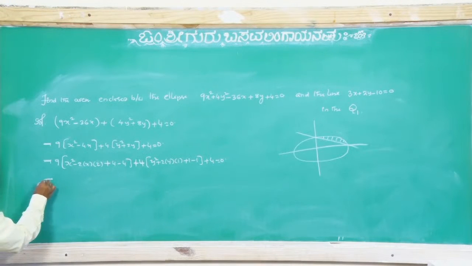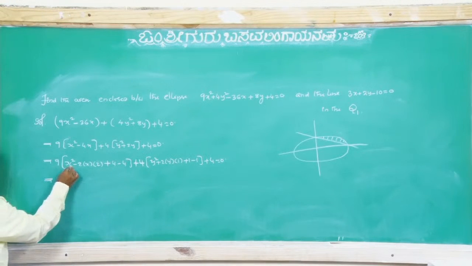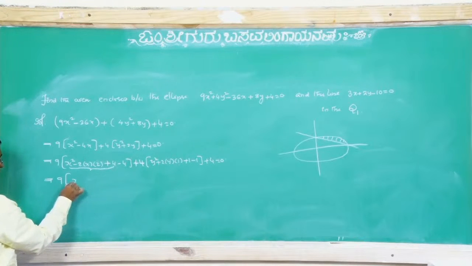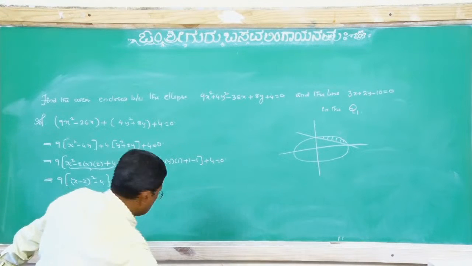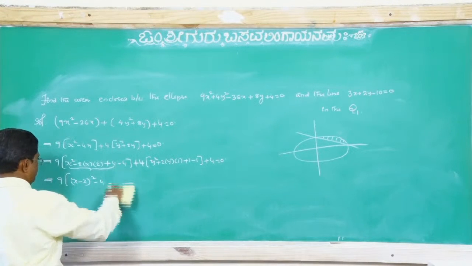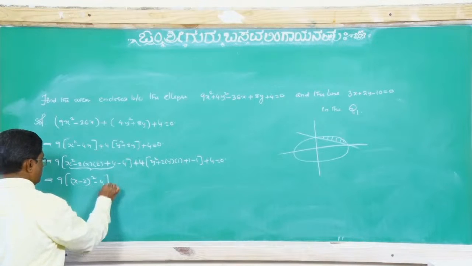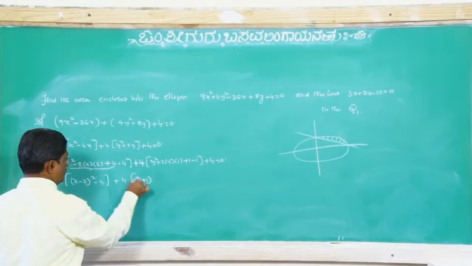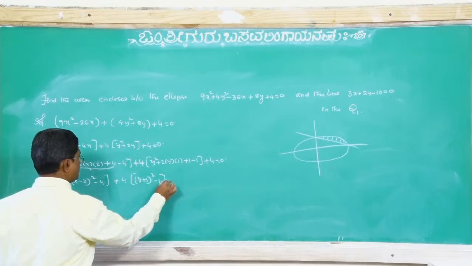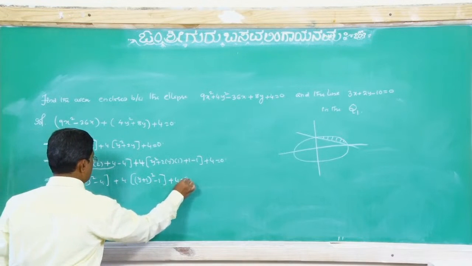This can be written as 9 into, to make a perfect square up to this, x minus 2 whole square minus 4, plus 4 into y plus 1 whole square minus 1, plus 4 equal to 0.